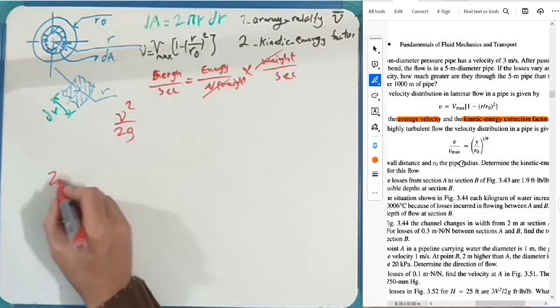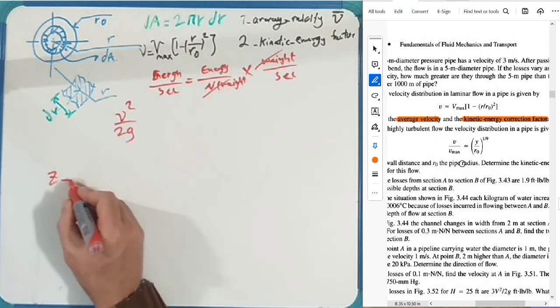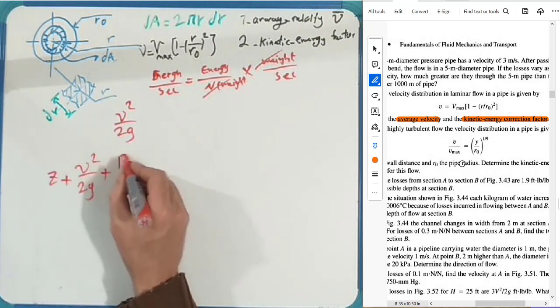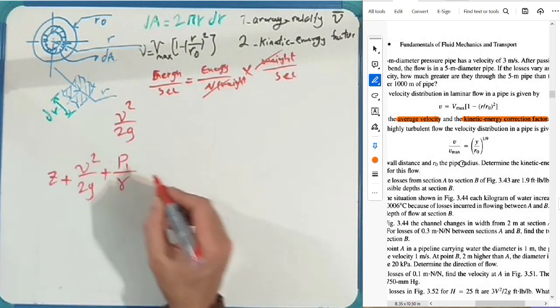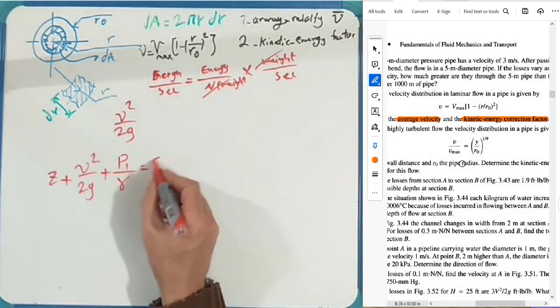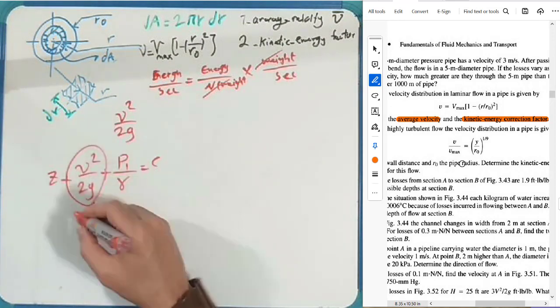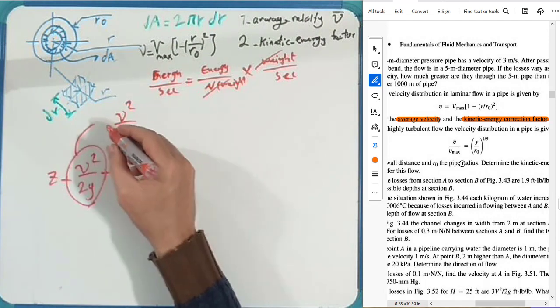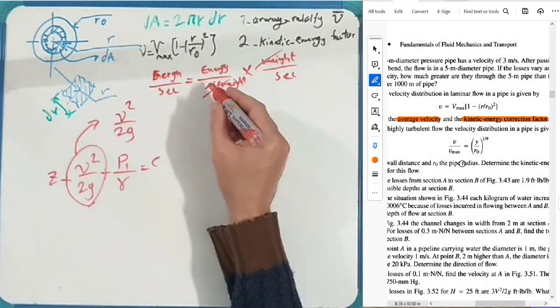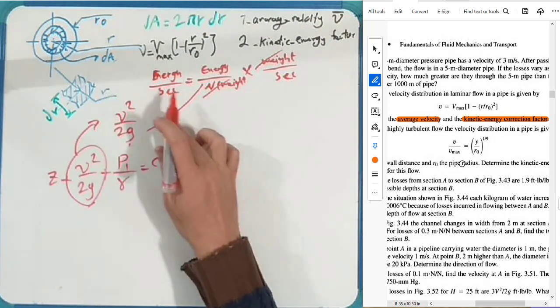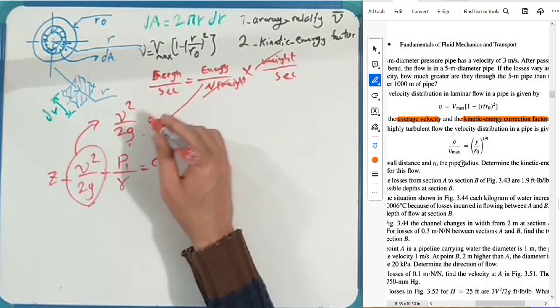Let me write it: z plus v squared over 2g plus p over gamma equals constant. Is it true? So this term is that one, and this is this term.